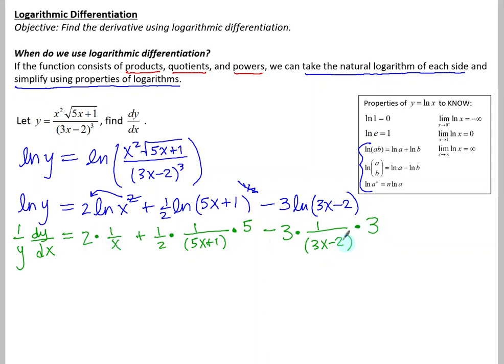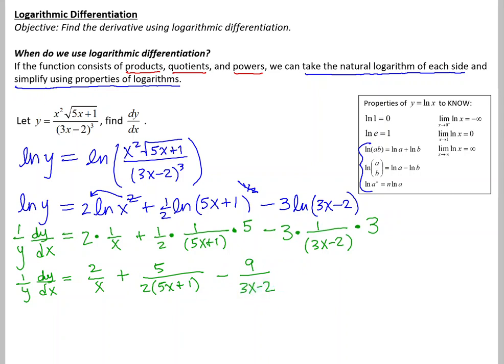Now, the right side of this, I can clean up a bit. Let's rewrite what we have on the left, 1 over y times dy/dx. 2 times 1 over x is 2 over x, plus 1/2 times 1 times 5 is 5 over 2 times the quantity 5x plus 1, minus 3 times 1 times 3, 9 over 3x minus 2.